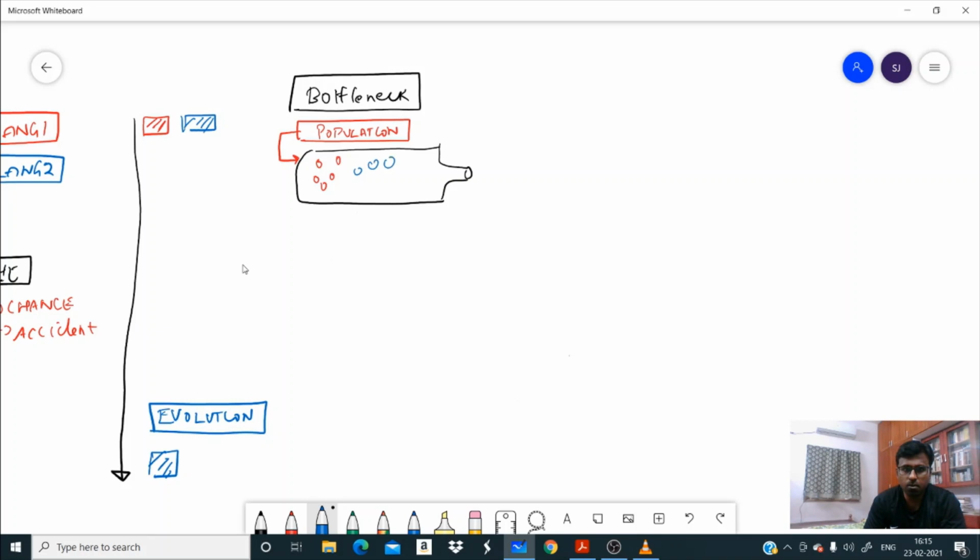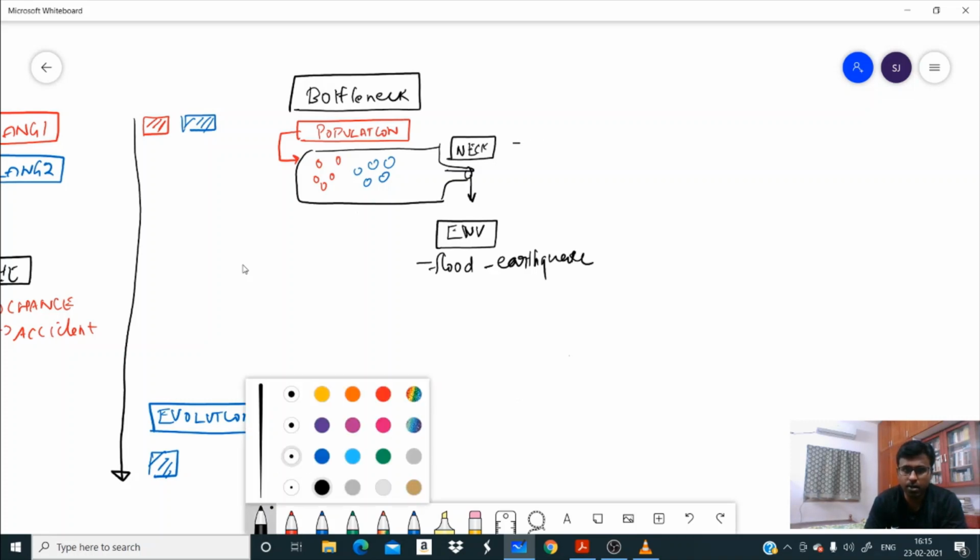And what happens is that there is an environmental destruction at the neck, the bottleneck. There is an environmental catastrophe or problem. Some flood is coming, some earthquake is coming, something is coming and removing the population which has the red color gene.